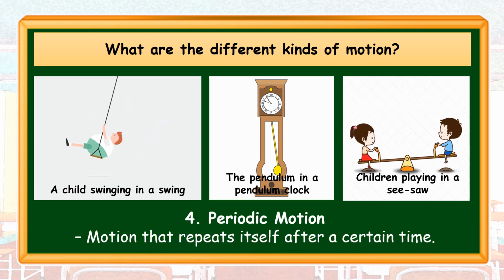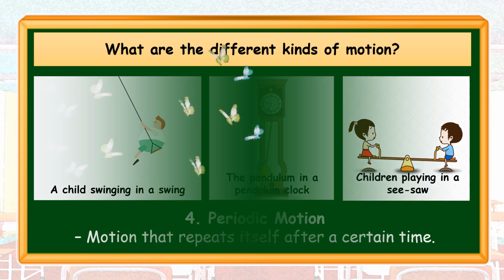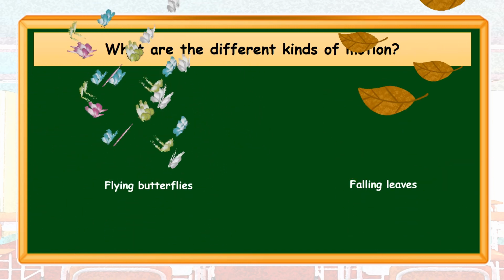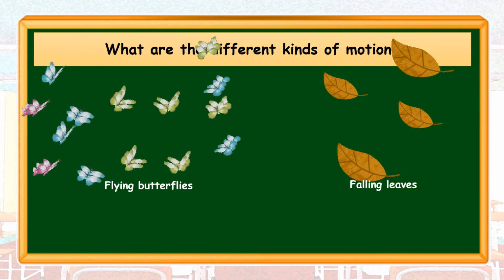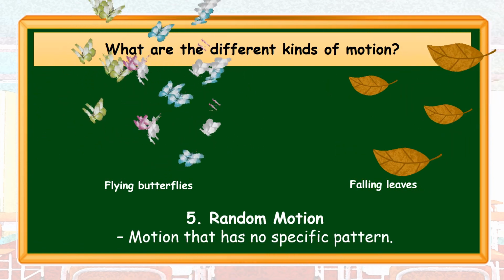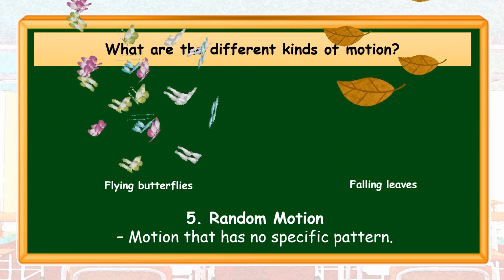Then, what is periodic motion? Periodic motion, it is a motion that repeats itself after a certain time. Flying butterflies and falling leaves possess random motion. What is random motion? Random motion. It is a motion that has no specific pattern.